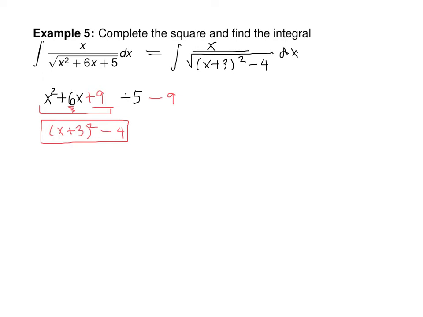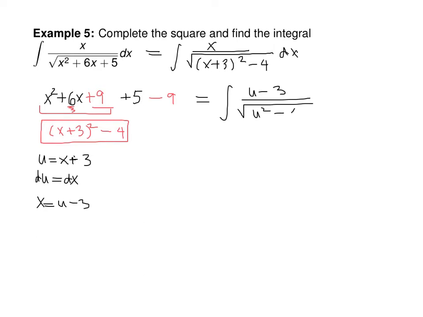So now we make the substitution. We let u equal x plus 3, and then du will equal dx. Also notice that x is equal to u minus 3. So this gives us the integral of u minus 3 over the root of u squared minus 4 du, which we can then break into two integrals.